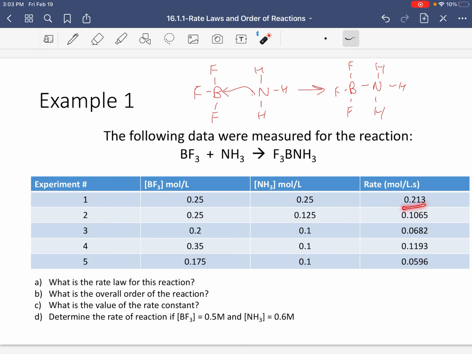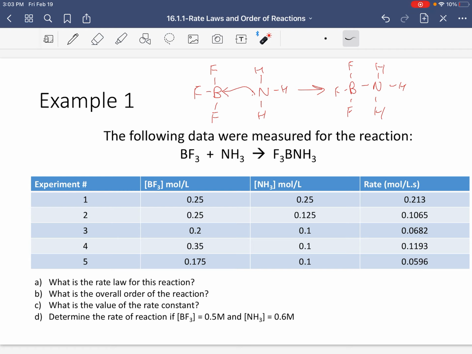To find this out, I have to figure out how to monitor this guy. How to monitor the production of this guy, or monitor the decreasing of this guy or this guy. Basically, I need to have some sort of indication. It could be a color change.